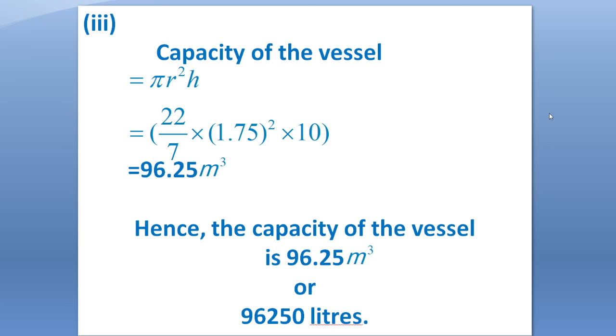So hence the capacity of the vessel is 96.25 meter cube, or convert it into liters. So multiply by 1000, which is 96,250 liters.